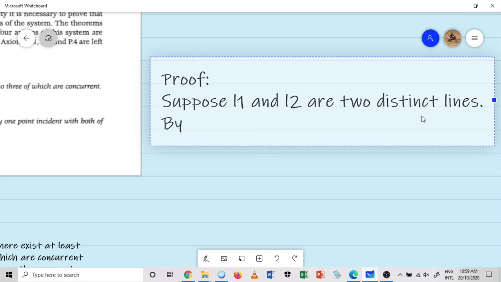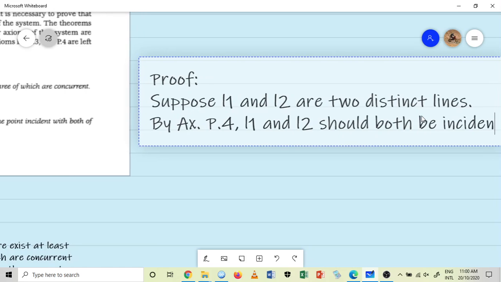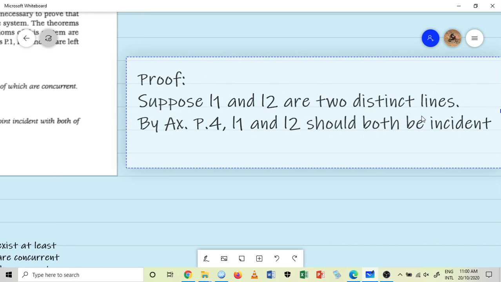So we say by axiom P.4, L1 and L2 should both be incident with at least one point, say P.